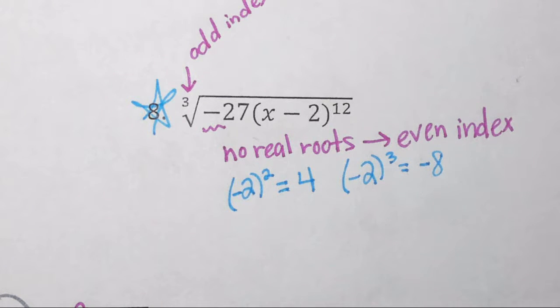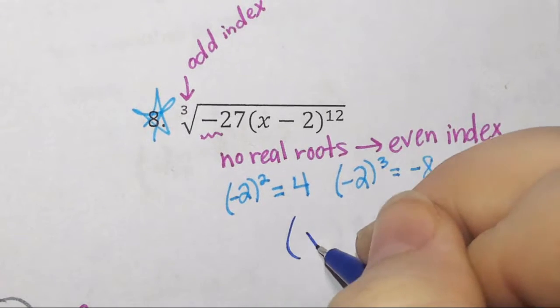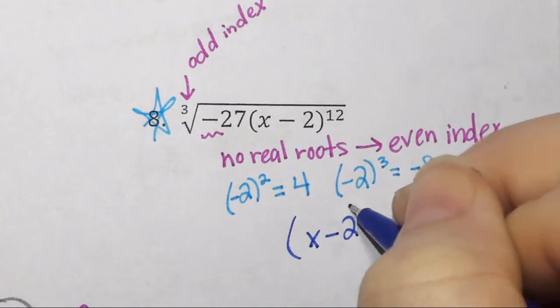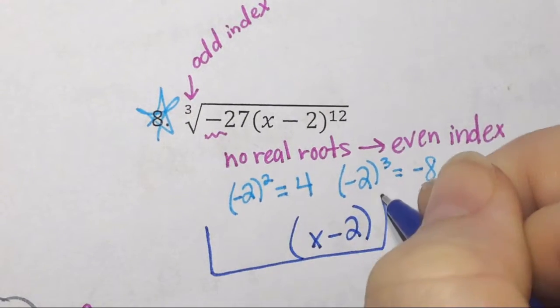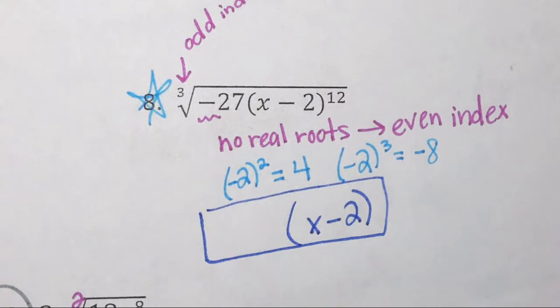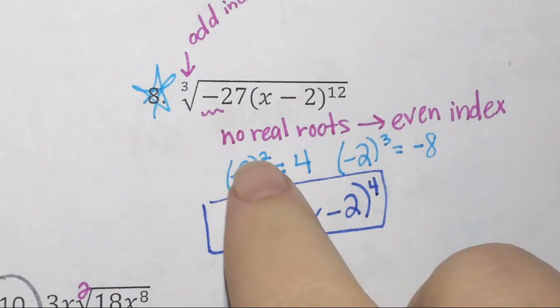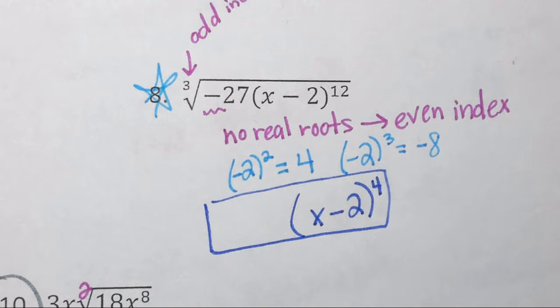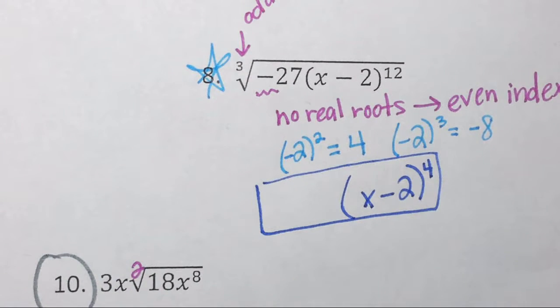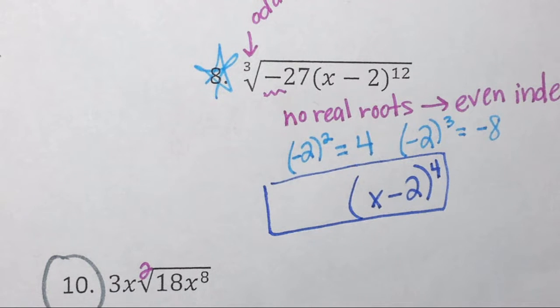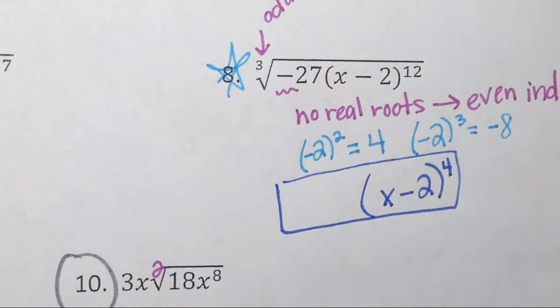Let's deal with the x minus 2 to the 12 first. So for my final answer, I should have x minus 2 to the what power? So the 4, because 12 divided by 3 is 4. And then what number should I have up front? If you say an i, I'm going to be mad at you again.